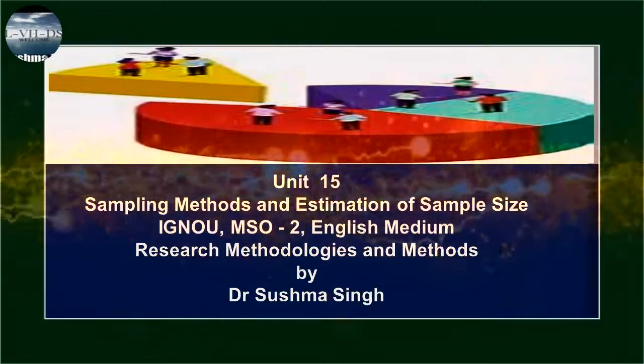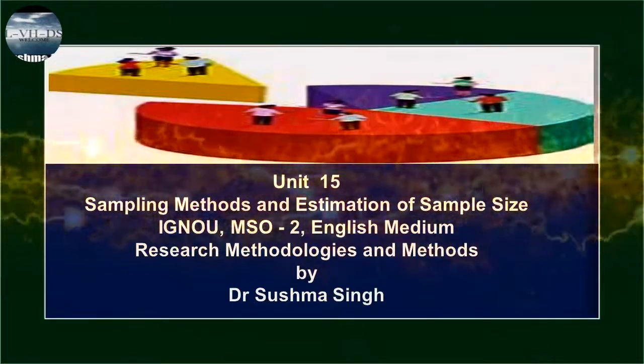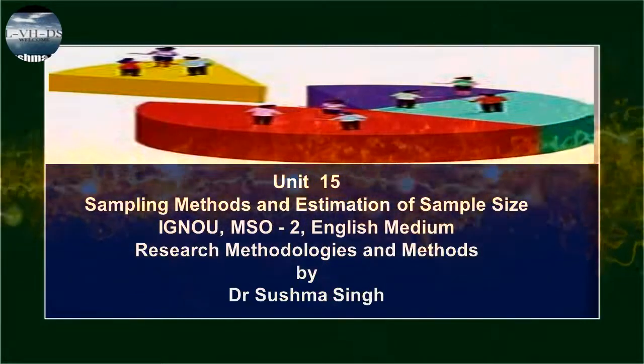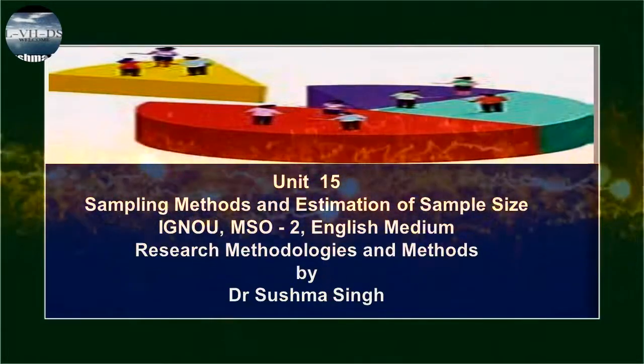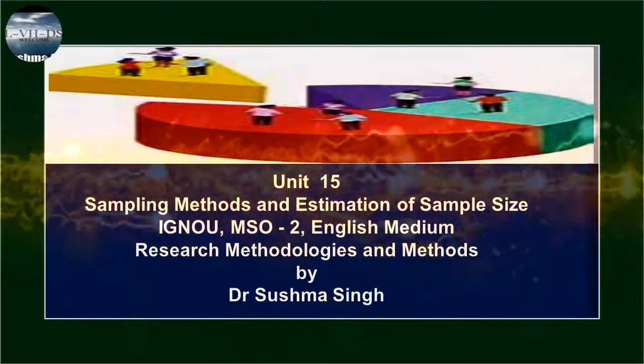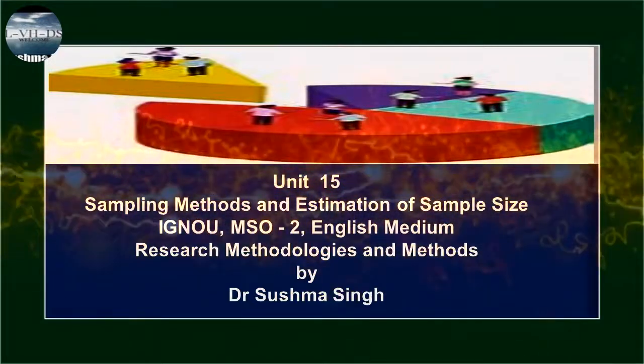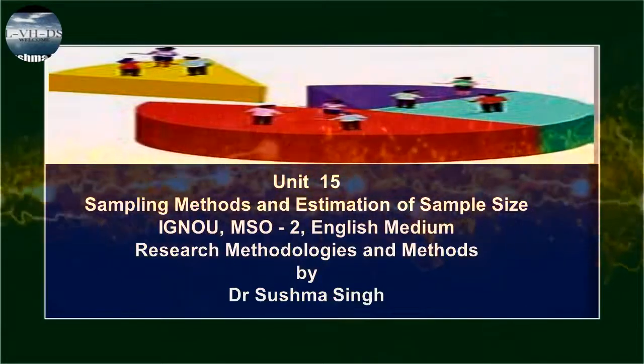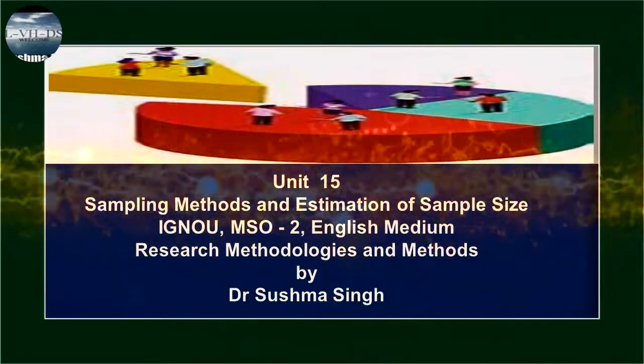The estimation of sample size also differs according to the purpose or the parameter under investigation. For example, whether sample size is being estimated for calculating mean or proportion or for comparing means.